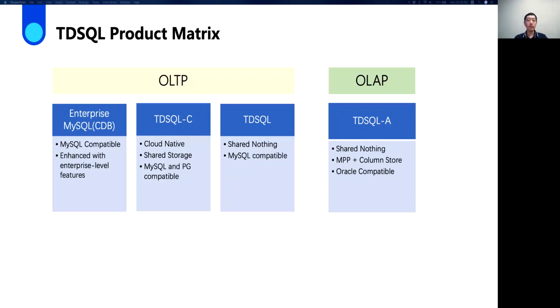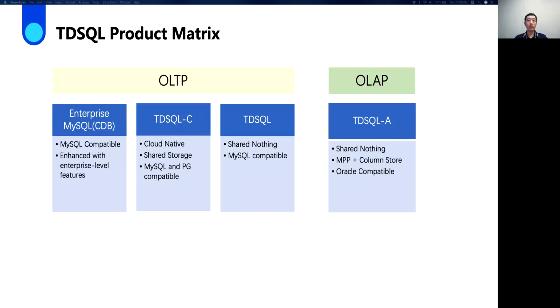On the left side are three OLTP products: Enterprise MySQL, formerly called CDB, is Tencent's RDS system, which is enhanced with a lot of patches, optimizations, and enterprise-level features. For example, the SQL audit, the database encryption, and firewalls, and so on and so forth.